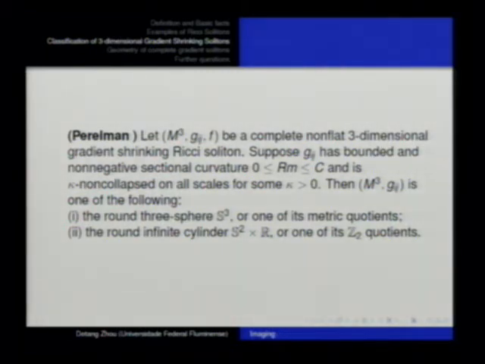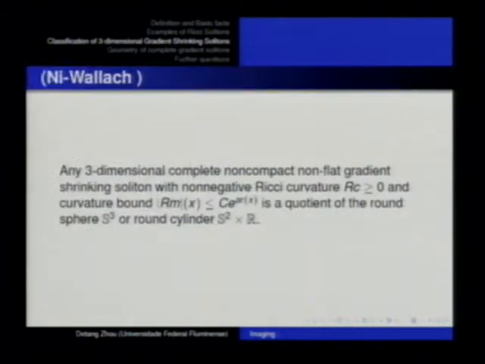But after that, people started to try to remove this condition. It has been done by Lee and Wallach. They removed the condition, the kappa non-collapsing.